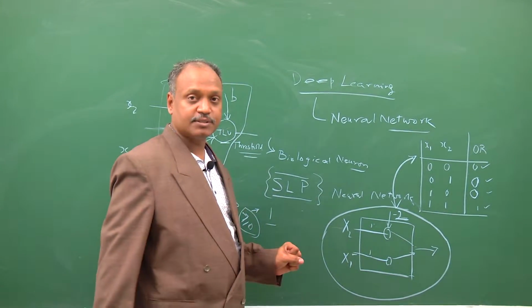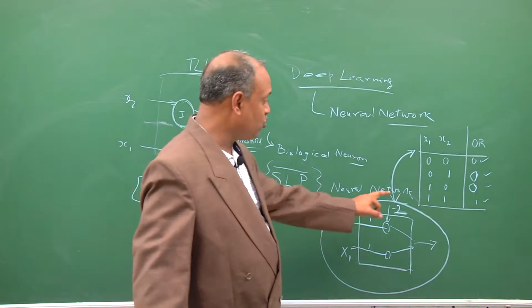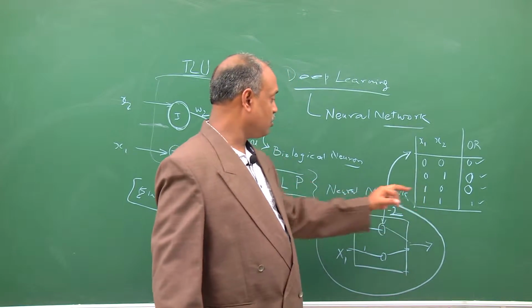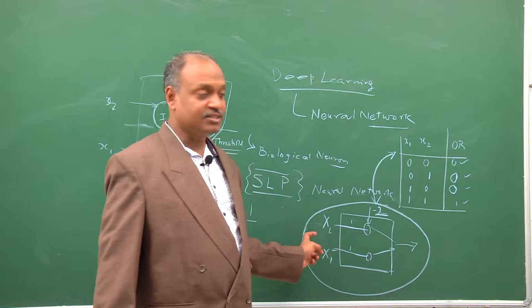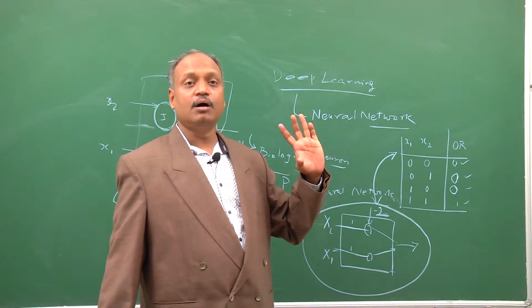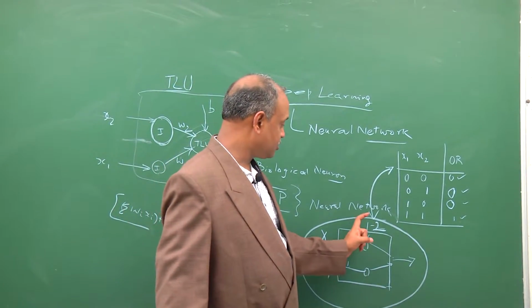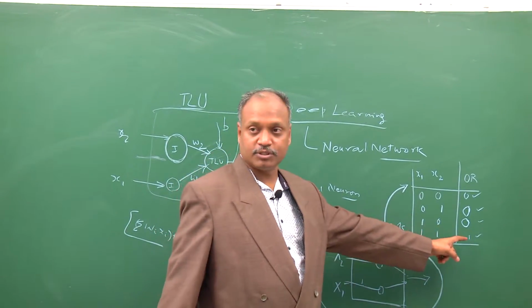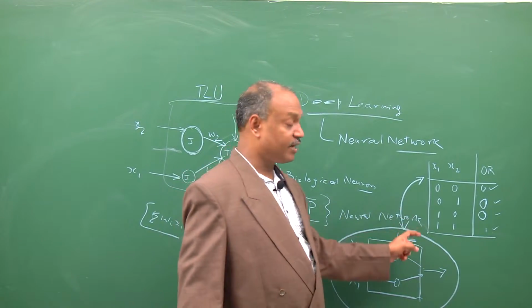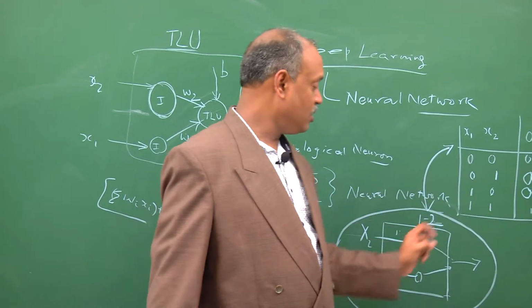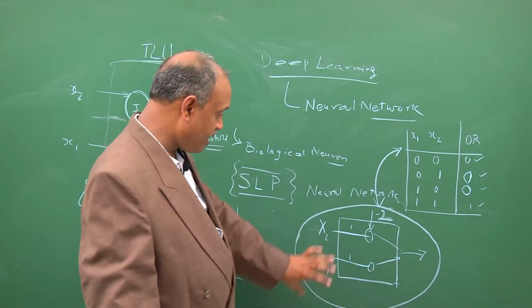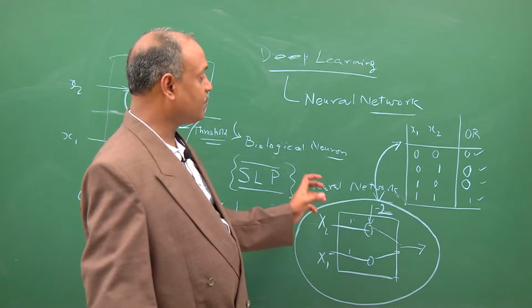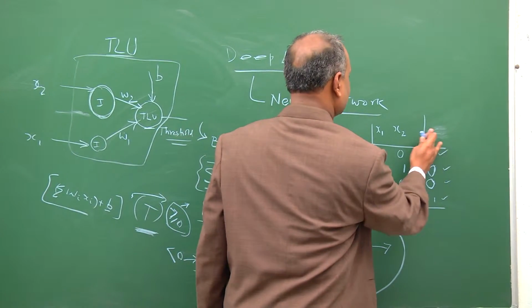Now let's see what happens. 1 plus 1, 2. 2 minus 2 becomes 0. 0 is greater than or equal to 0, so it becomes 1. 1 plus 0 becomes 1 minus 2, minus 1, so it becomes 0. 0 plus 1 minus 2, minus 1, it becomes 0. 0 plus 0 minus 2, minus 2 is less than 0, it becomes 0. So now we have a modified version of TLU which now represents the AND function.